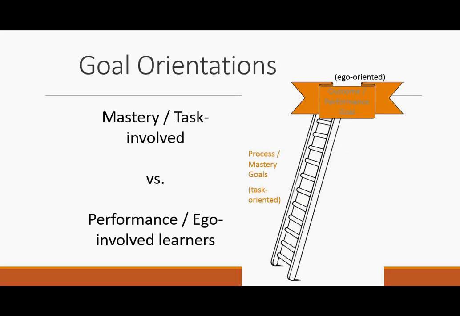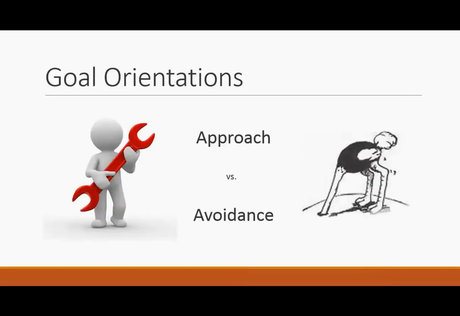We can do it just to get that A and move on with our lives, or we can truly try to get the material and master the material, truly understand it. As we look at goals, we tend to look at them in two different ways, as approaching them or avoiding them.